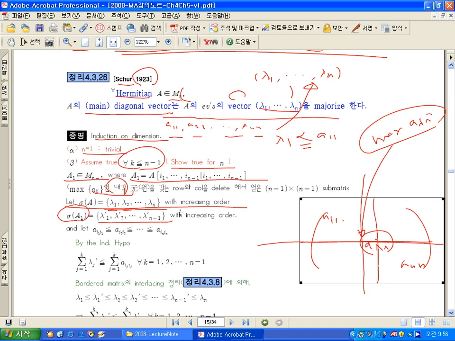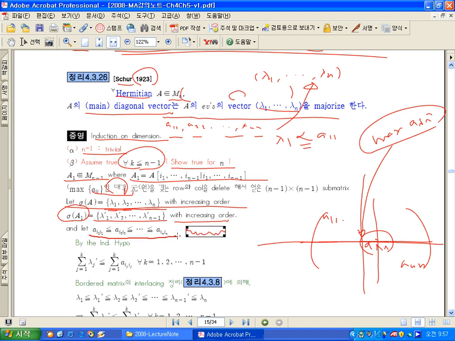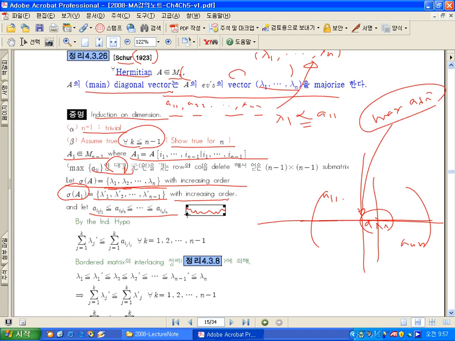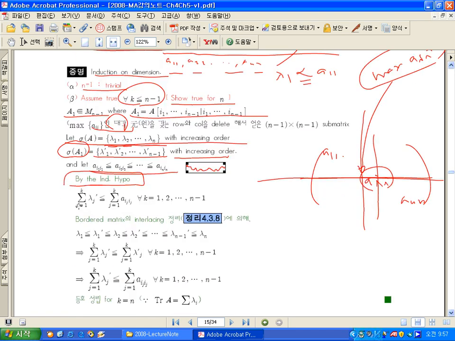It is also a Hermitian matrix, so it has all real eigenvalues, and we arrange them in increasing order. We also give an order on the main diagonals in increasing order. Then, by the induction hypothesis, we know the eigenvalues are majorized by the main diagonal entries.